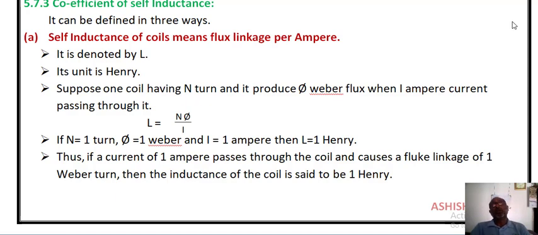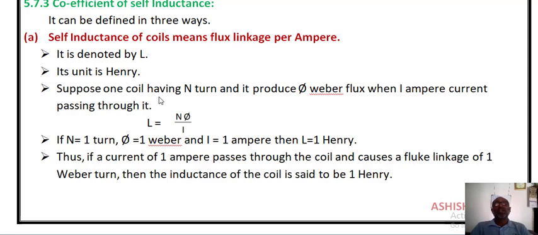Already I told you the flux is produced due to this current, and the value of this flux also depends on the value of current. More flux will be produced for more current. So here the self-inductance of a coil means flux linkage per ampere.